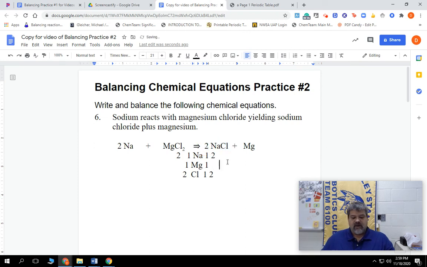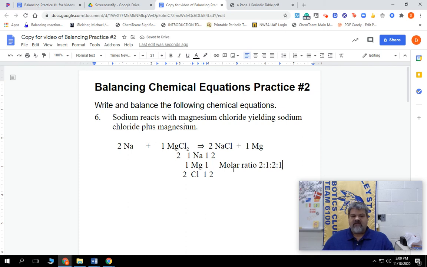So all I have to do is put in my molar ratio, and my molar ratio is going to be 2 to 1 to 2 to 1. So that's the same numbers as I have right there for coefficients.